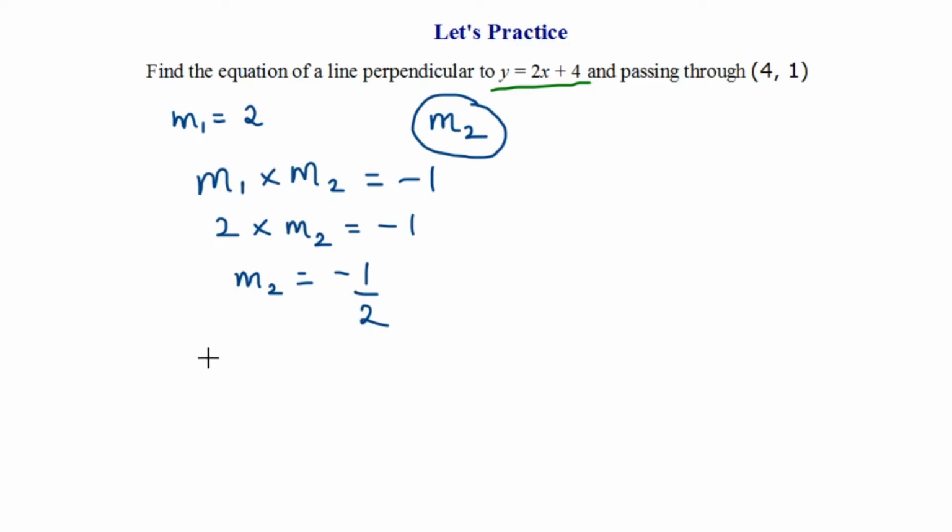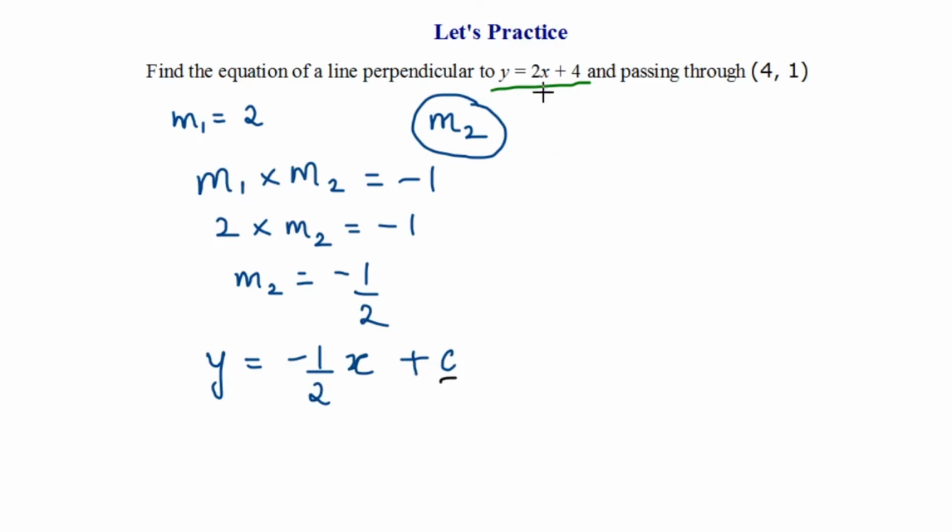So let's write the equation in this form, that is y = mx + c, where m is -1/2, so y = -1/2 x + c. Now c is unknown, right?